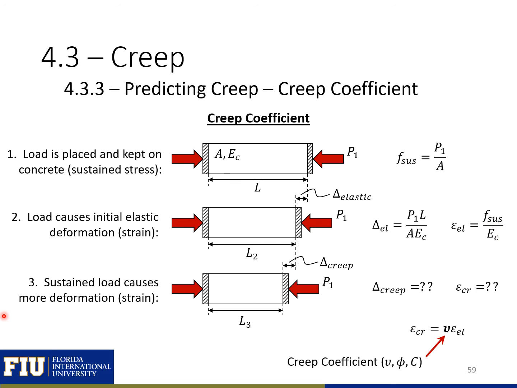The question is, what is the additional deformation and the additional strain that's caused by our creep? What the creep coefficient does is it allows us to relate our elastic strain to our creep strain. So this creep coefficient, which is nu or phi or c, is a way to relate our elastic strain to our creep strain.